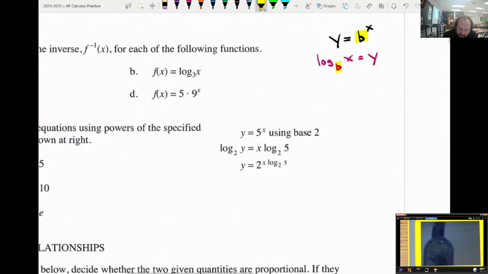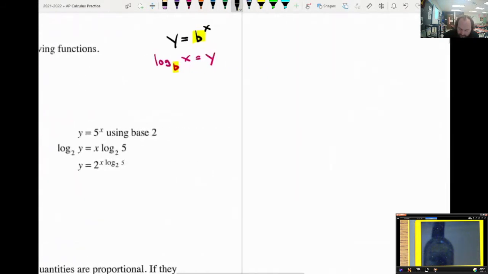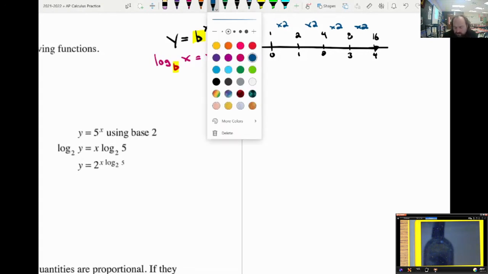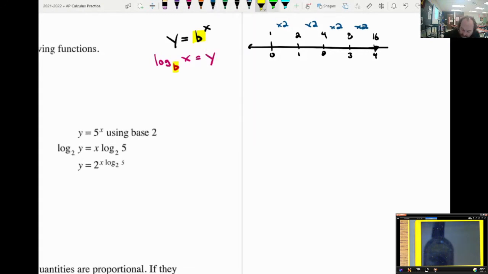Of course, what's really going on here is, if you're in an exponential world, let's say you're counting by, I don't know, multiplying by 2. Maybe this diagram is a little bit too advanced for the scope of this video, but it's worth mentioning. In this world, you're multiplying by 2 each time to get to the next step: times 2, times 2, times 2, times 2. We've got a system that counts by times 2.